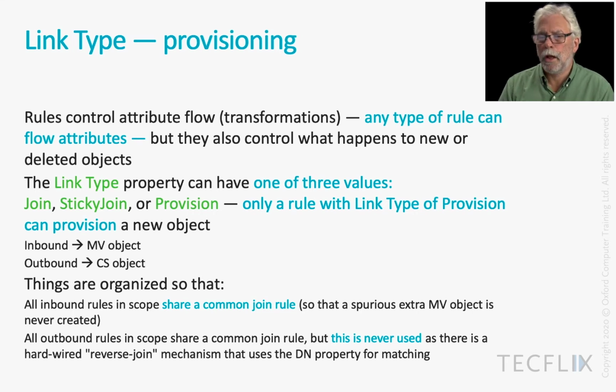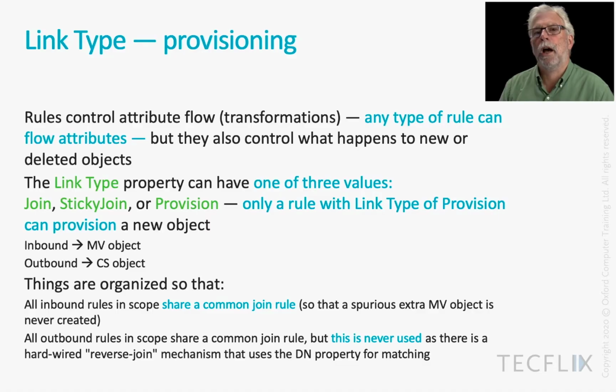Things are organized so that all the inbound rules share a common join rule. That means that as long as they're all sharing the same rule, it can never happen that a new object is created because the join rule is always there to check for that existing Metaverse object first.